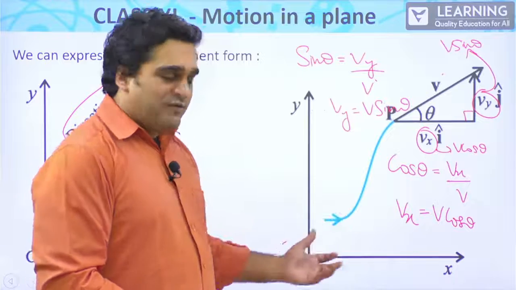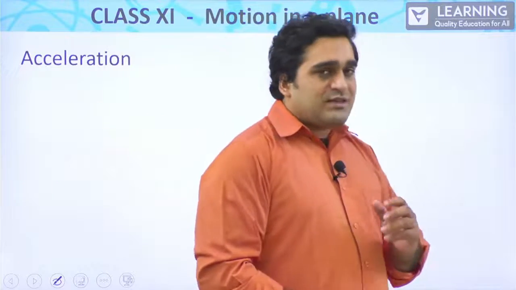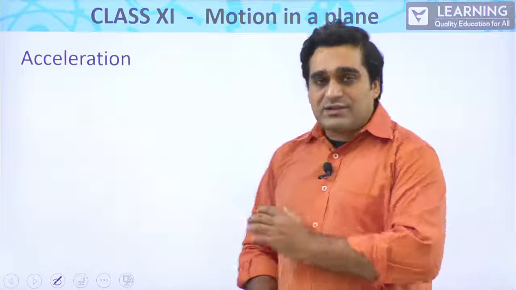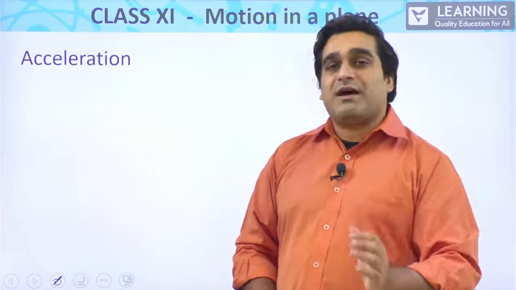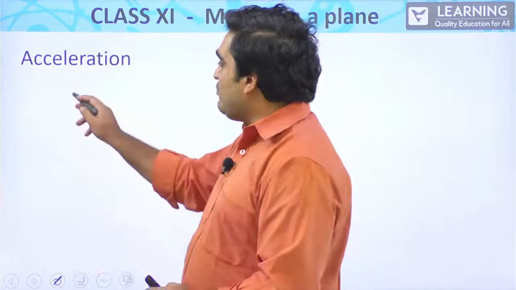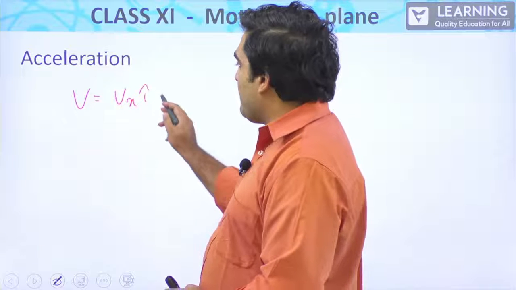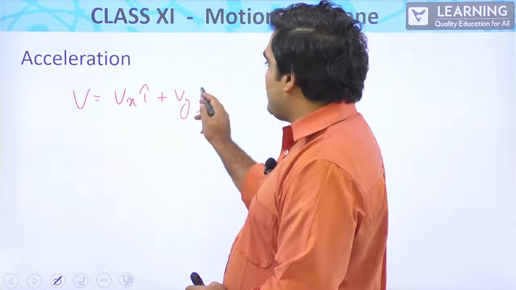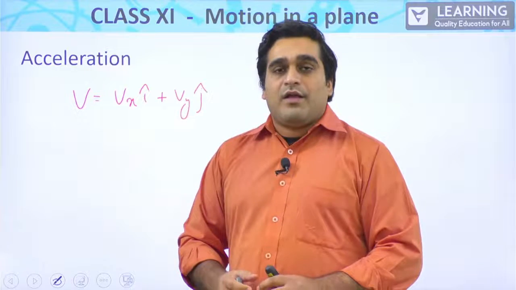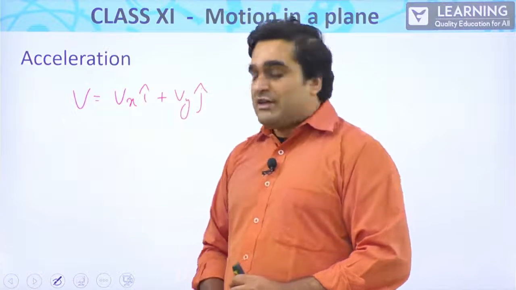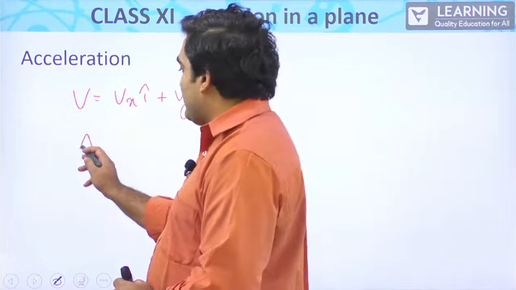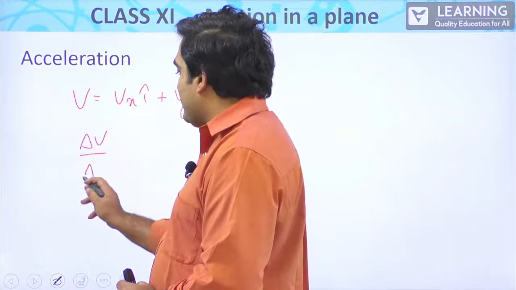So why is it necessary for discussion? Since we are discussing the concept of acceleration, which is nothing but the rate of change of velocity, it is important for us to understand velocity. Now that we know that the velocity has two respective components, Vx i cap plus Vy j cap, the rate of change of this velocity is represented by delta V by delta t.